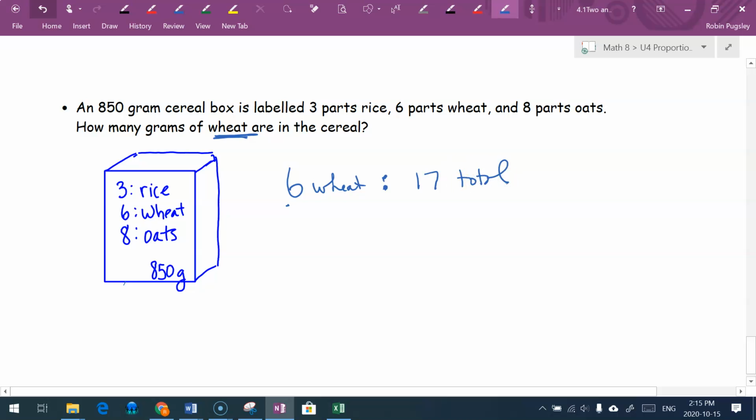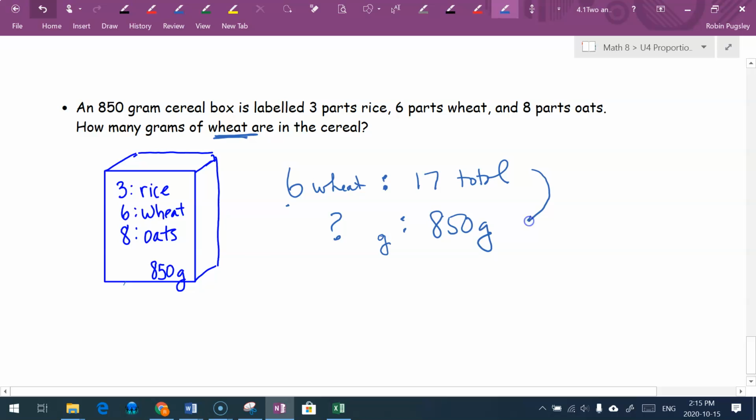The rice, the wheat, plus the oats is this number. So if the total cereal is 850 grams, how many grams are wheat? Because if that is grams, this will be grams as well because they are the same unit. So we need to figure that out.